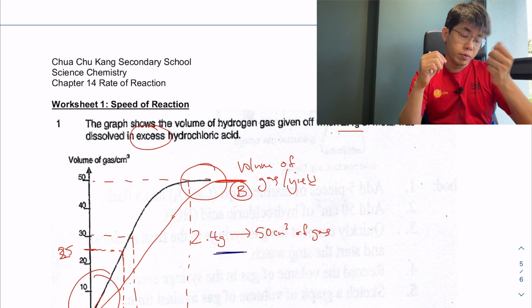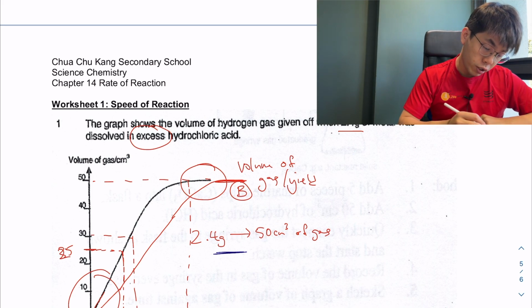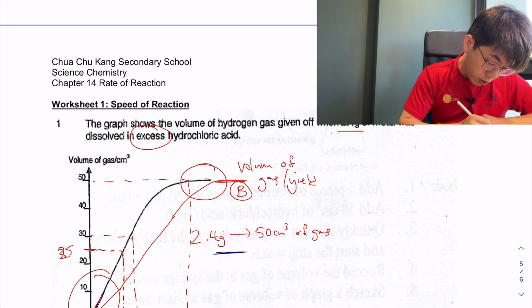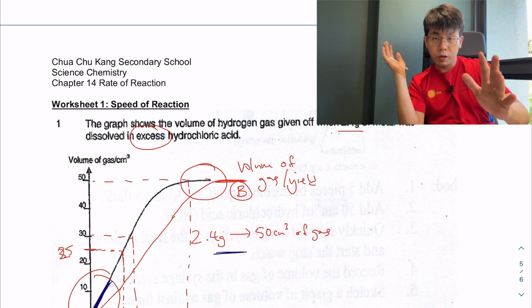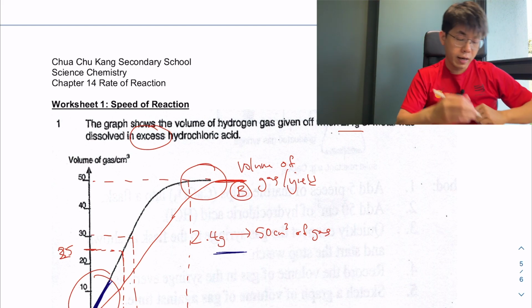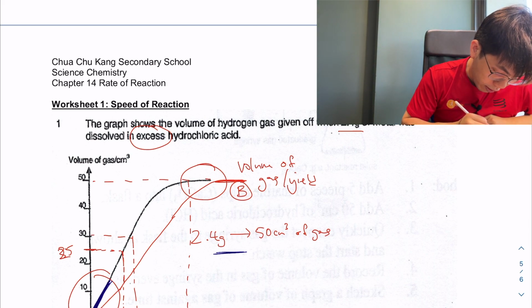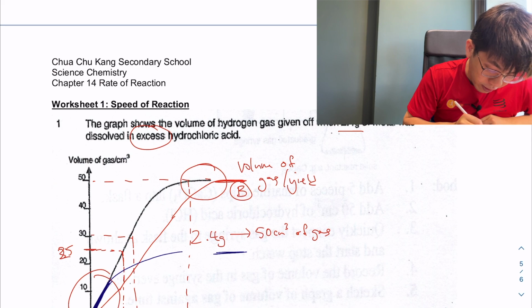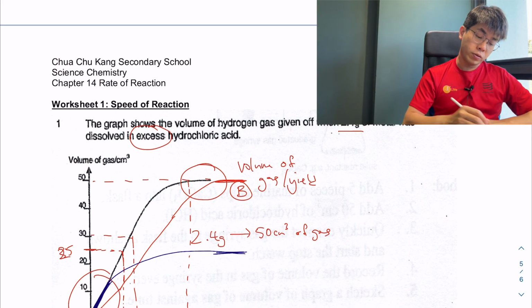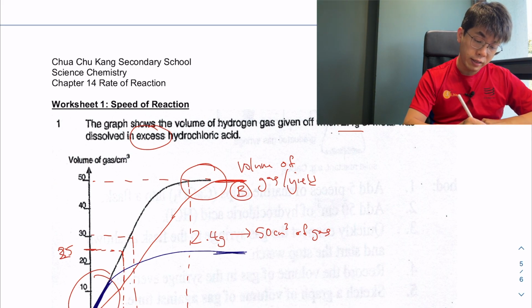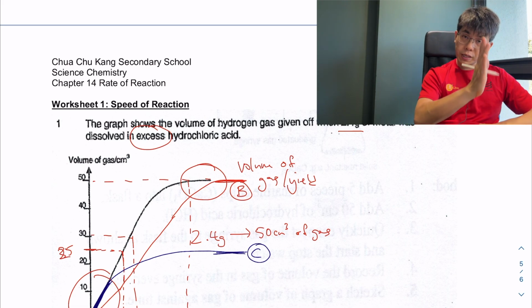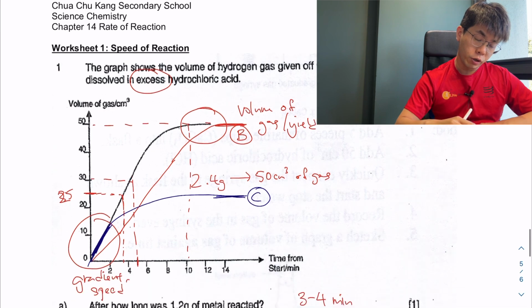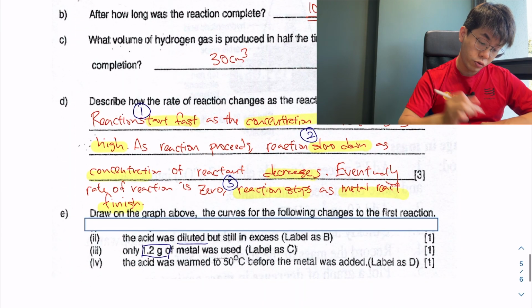But the mass of substance doesn't affect the rate of reaction, so the rate of reaction should remain the same. You can see it's the same gradient, same speed of reaction, but ending at half. So this is how the second graph will look. This is C. Same speed, but ending at half because 1.2 grams is used.